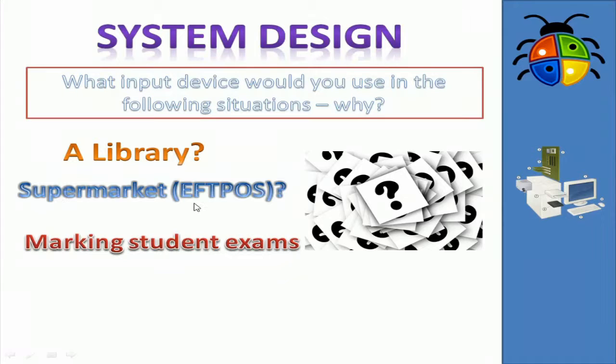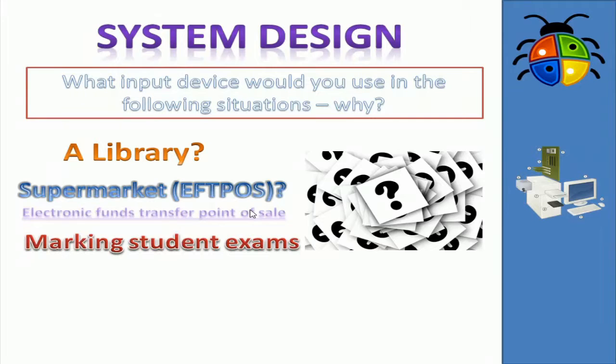For a supermarket. Now, in a supermarket we have EFTPOS. Hopefully we'll come back to this in more detail, but this often comes up in the exam, and it stands for Electronic Funds Transfer Point of Sale. Effectively, it means a place where you pay money in some way, especially electronically.